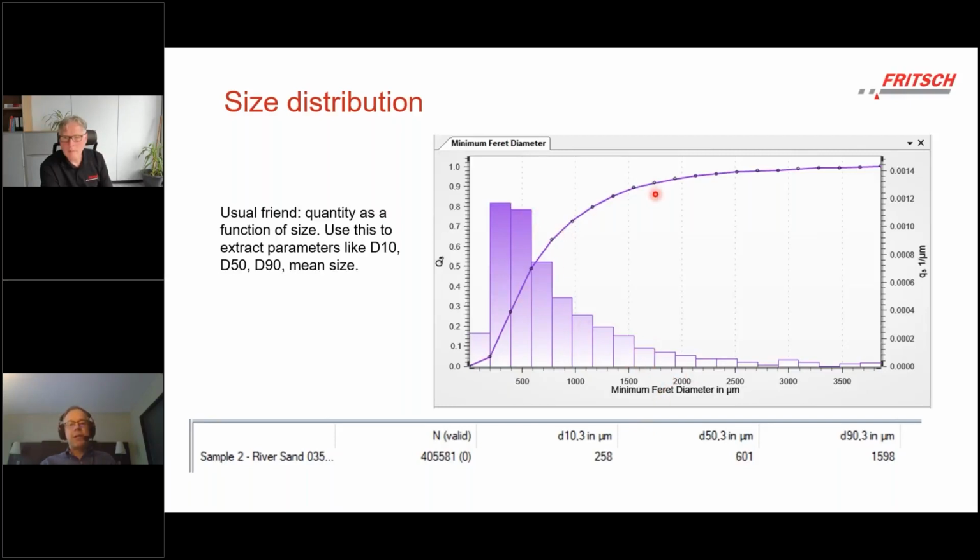And we have a cumulative plot against the right axis. 100% of the particles we analyzed are less than, say, 4 millimeters. And if I go over here, call it 10% of the particles we looked at are less than 350 microns. We can report from this D10, D50, D90, as well as mean sizes and so on.